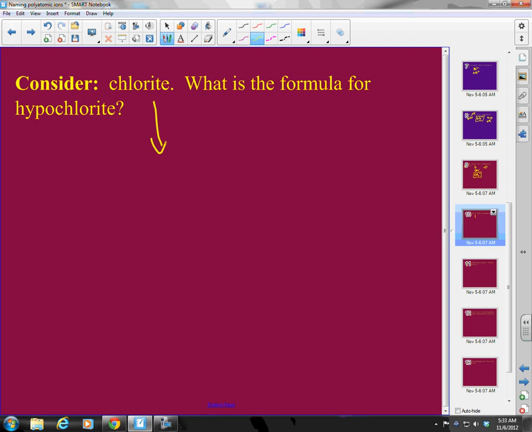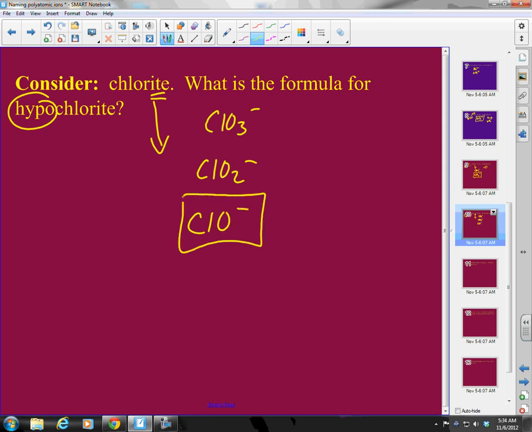Chlorite. Okay. We said chlorate is ClO3 minus, so chlorite, 1 less, would be ClO2 minus. Hypochlorite is 1 less than ClO2 minus, so it would be ClO minus. This is my hypochlorite, chlorite, chlorate. What's perchlorate? ClO4 minus, perchlorate, right?